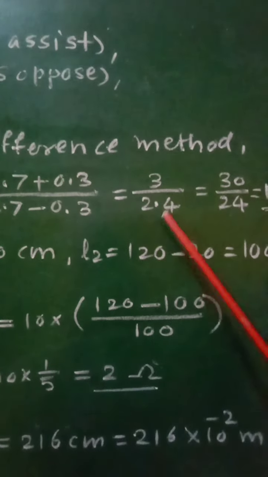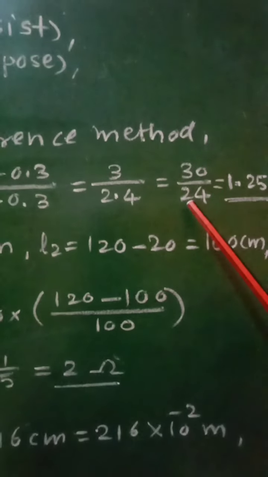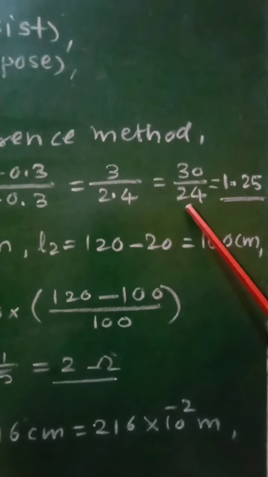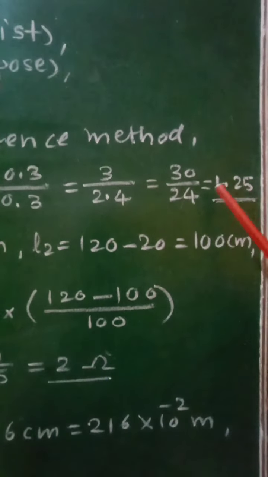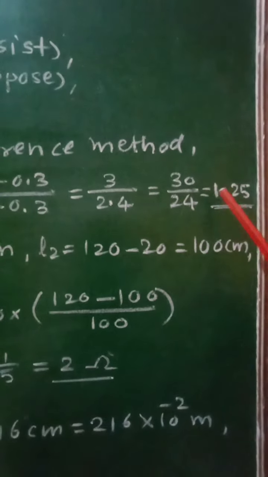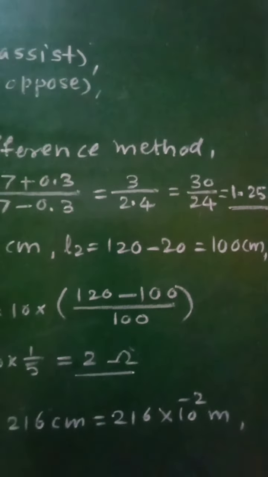Shifting the decimal, it will be written as 30 upon 24, which comes out to be 1.25. So 1.25 will be the ratio of E1 by E2.